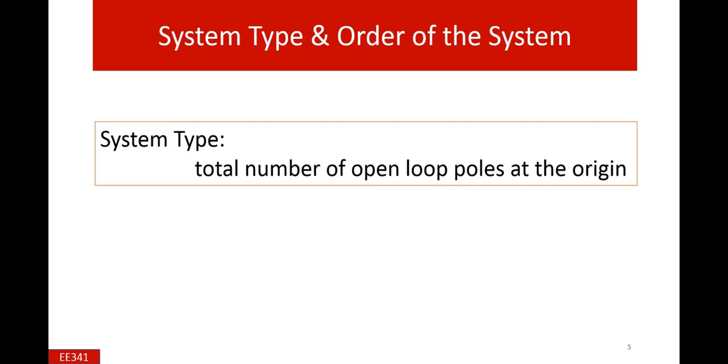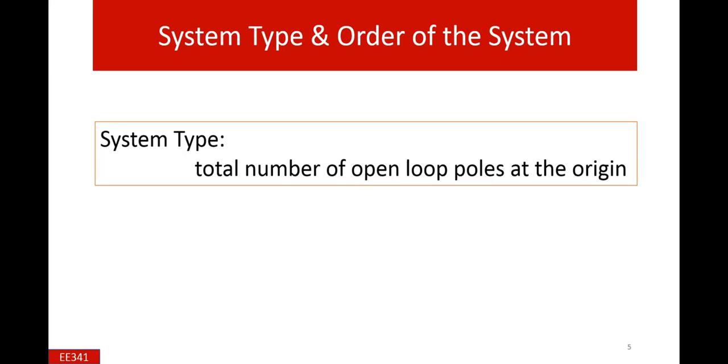Before starting the detailed discussion and derivation of steady state errors, let's review the basic terms. What is meant by the system type and the order of the system? System type actually defines the number of poles at the origin.